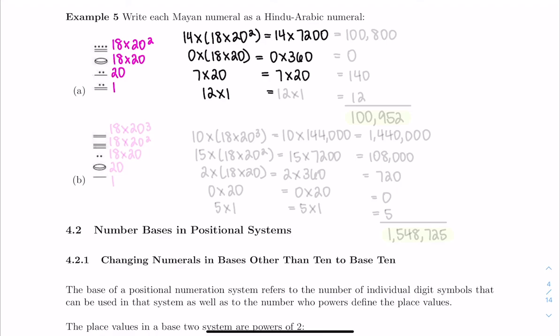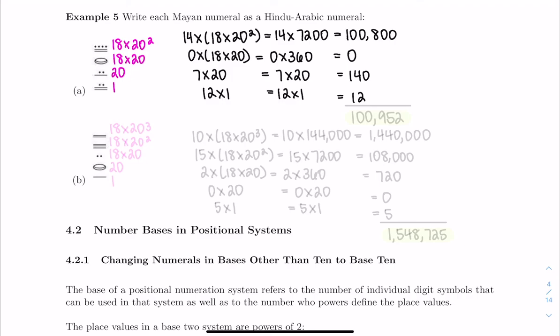And 12 times 1. And so 14 times 7,200, that's 100,800. 0 times 360 is 0. 7 times 20 is 140. And 12 times 1 is 12.